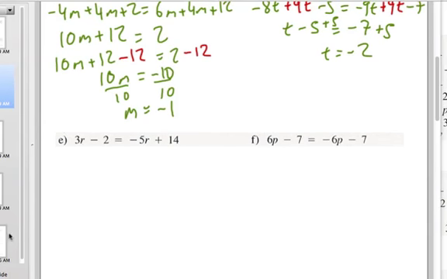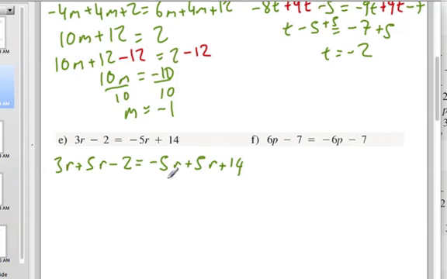Now, to isolate the term on one side of the variable, the easiest thing to do here is to add 5r to both sides. So we have 3r plus 5r subtract 2 is equal to negative 5r plus 5r plus 14.